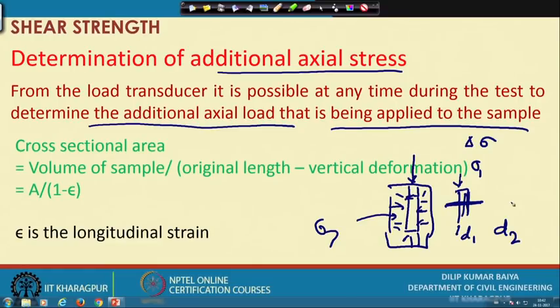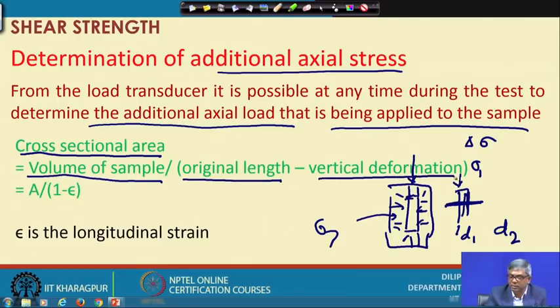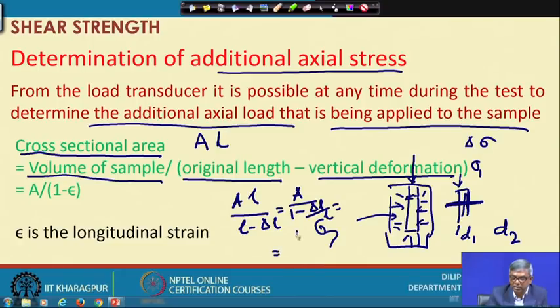For that, the cross sectional area at any time can be obtained as volume of sample divided by original length minus vertical deformation. Volume is nothing but area into length, so the expression is A L divided by L minus delta L. If I simplify, it becomes A by 1 minus delta L by L, and delta L by L is epsilon.